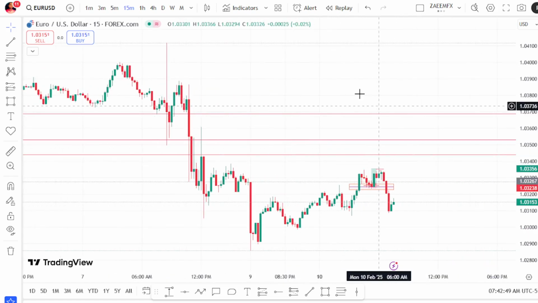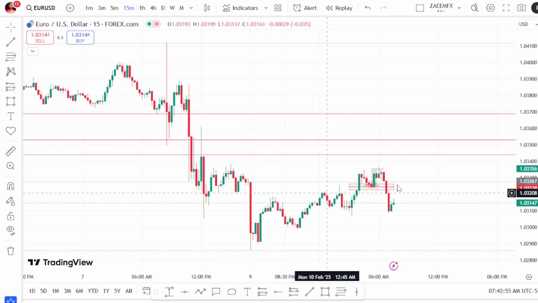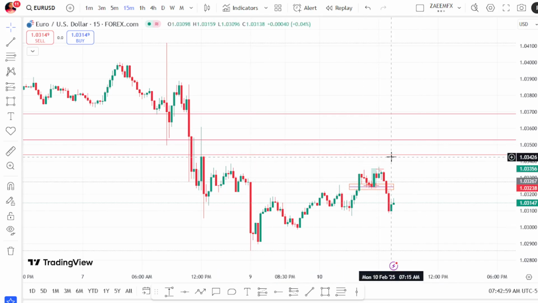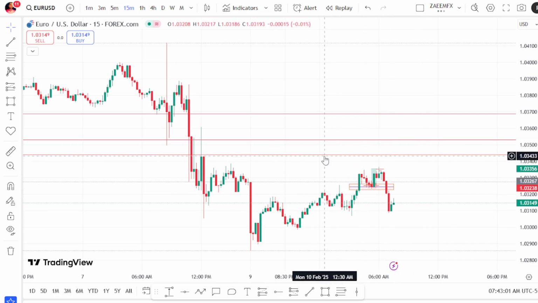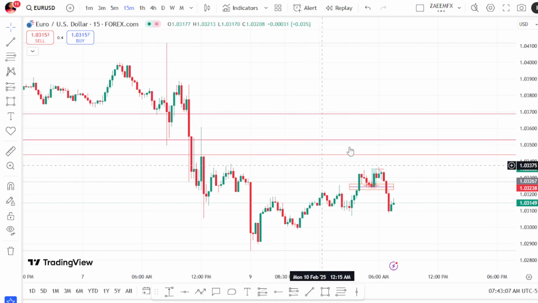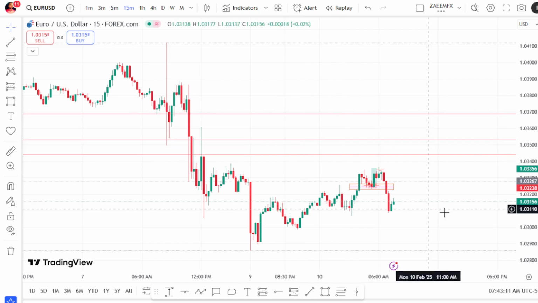If you remember, these are all my high time frame narrative, where I'm still expecting bearishness. Those are the lines going forward: I don't want to see a body closure here, the highest it can trade is this or this, but I don't want to see a body closure above it. So those are my levels.